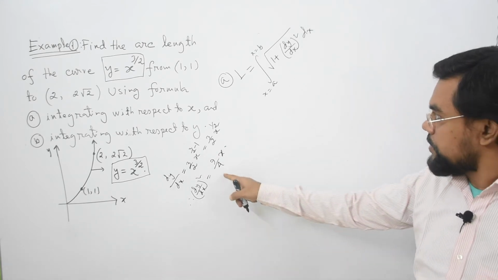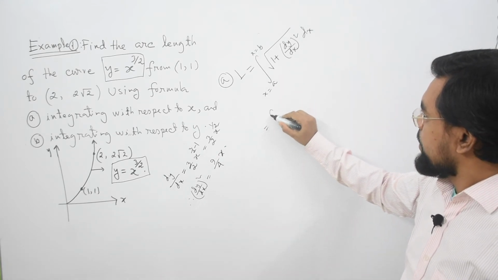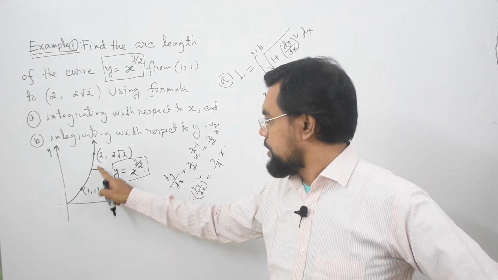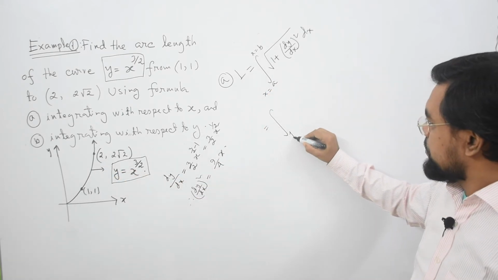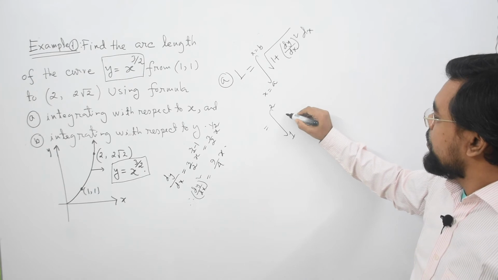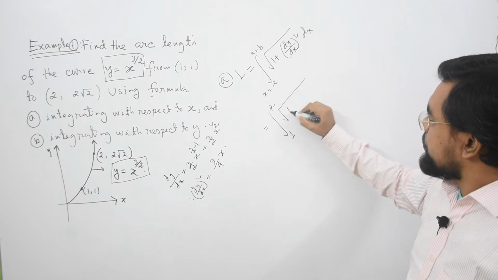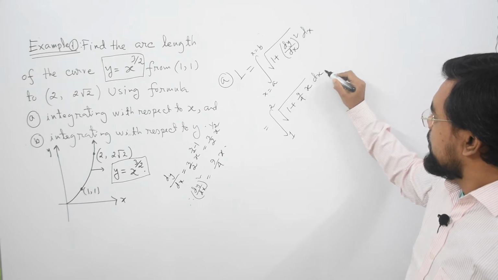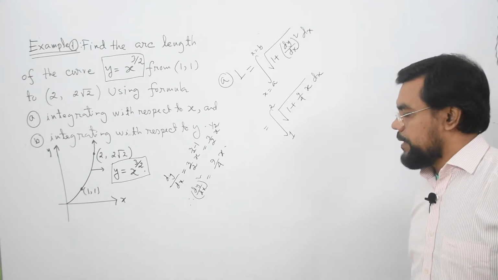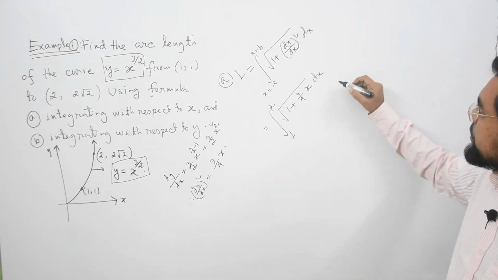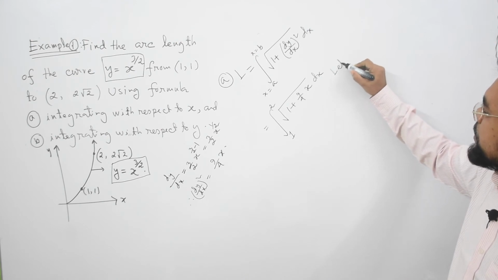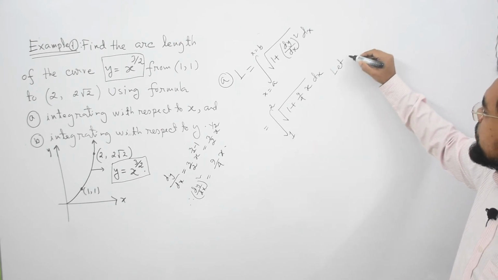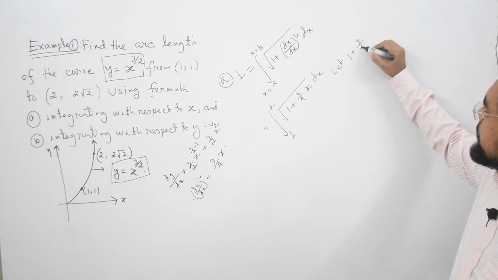So let us put this result here, and x starts at 1 and ends at 2, so the limits will be 1 to 2, the square root of 1 plus 9/4 x dx, and it's a simple integration. We can evaluate it by using u substitution or z substitution.